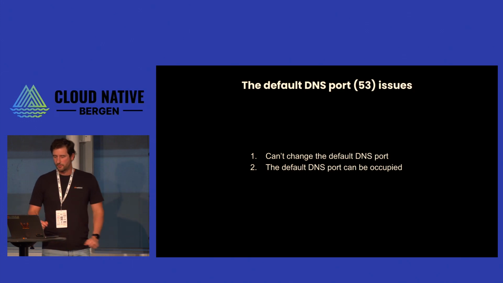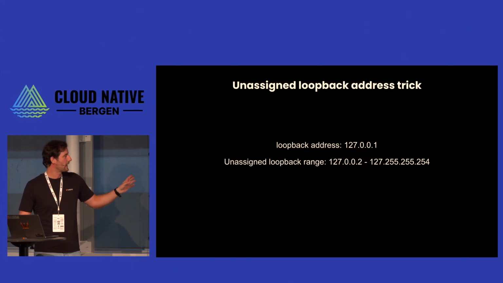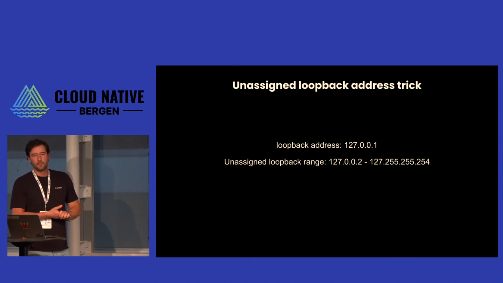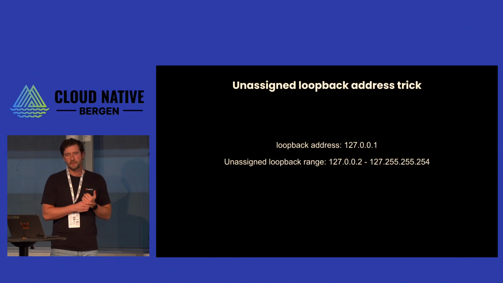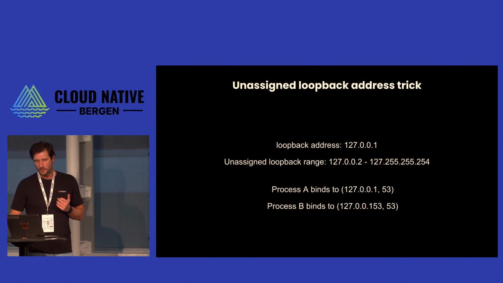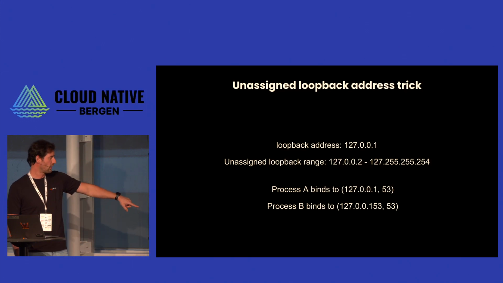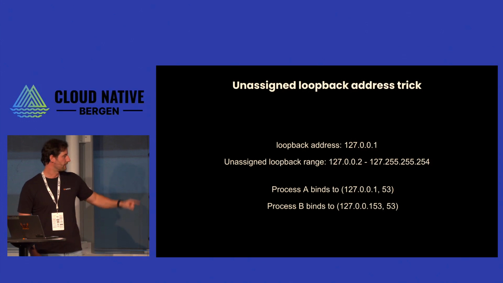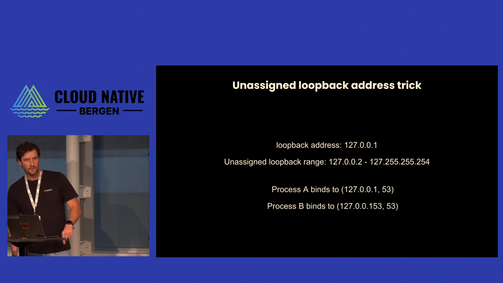Yeah, we started solving this problem, and that's one issue that we faced, and this is one solution for that issue. We call it the unassigned loopback address trick. Basically, you can run multiple processes assigned to different IP addresses. For example, you have a process that binds to 127.0.0.1, port 53, and then you have another process, which would be our resolver, if the first one is already running, that binds to 127.0.0.153, and the same port 53.